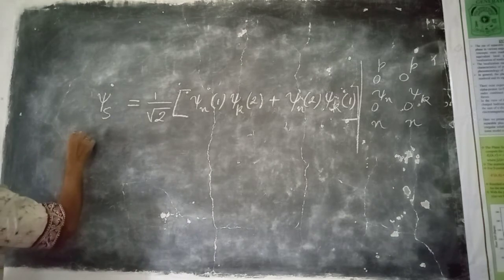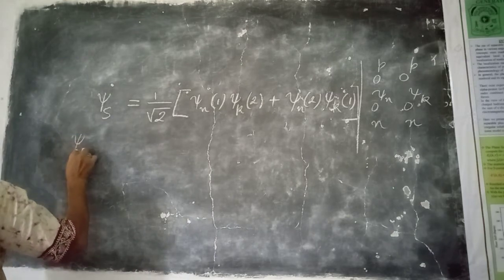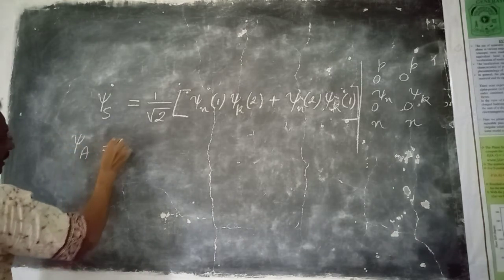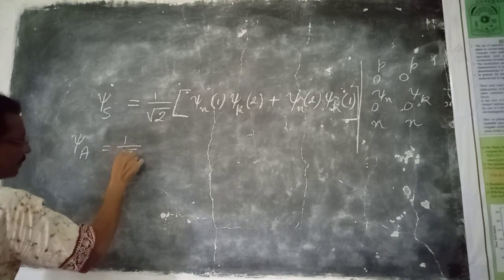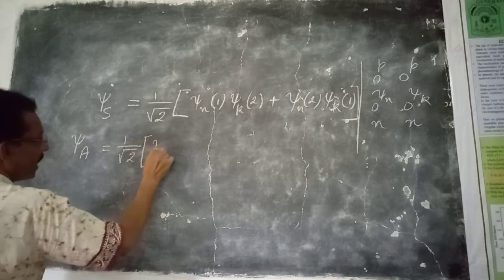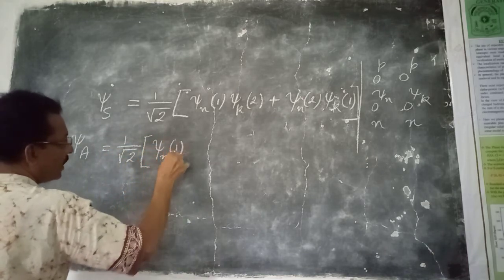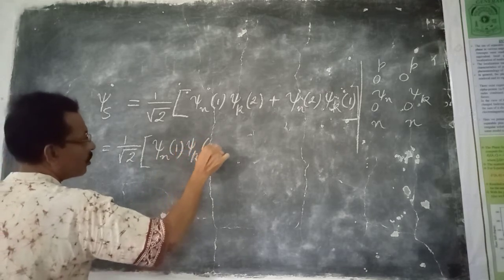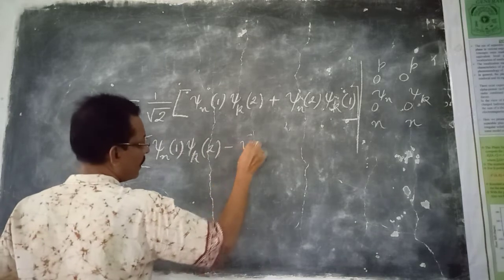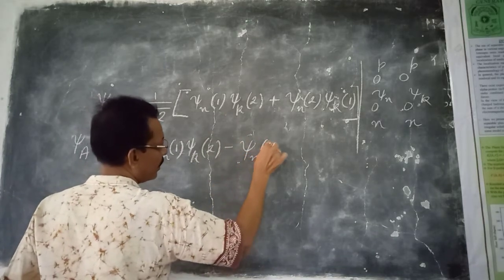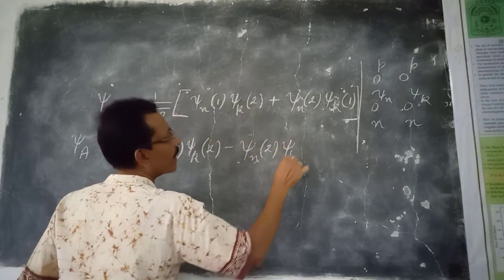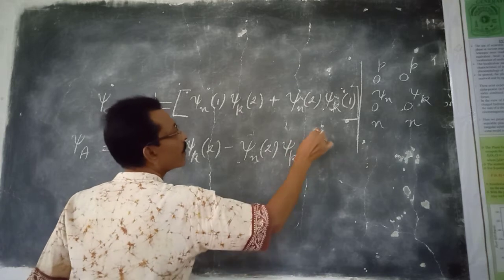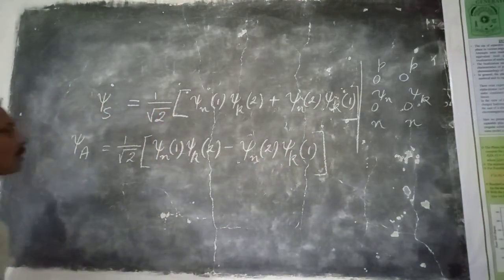Or if the wave function is antisymmetric with respect to the exchange of the particles, then it is written as psi n 1 psi k 2 minus psi n 2 psi k 1.